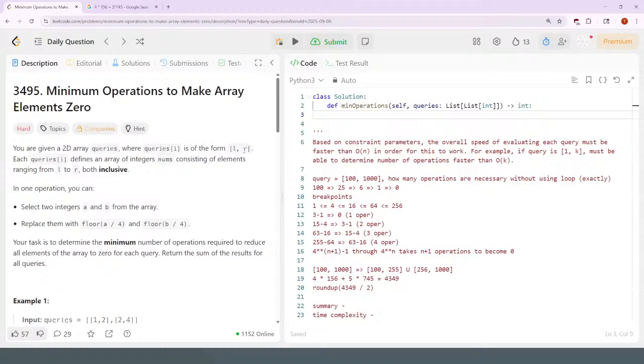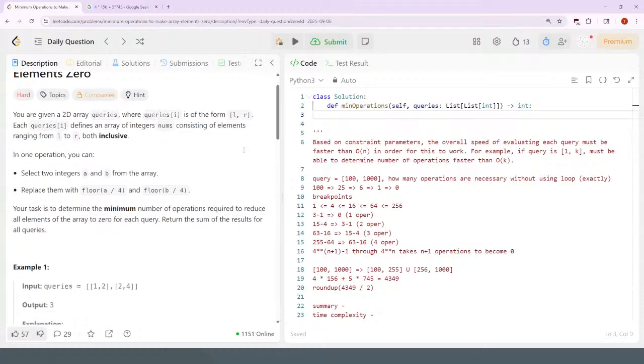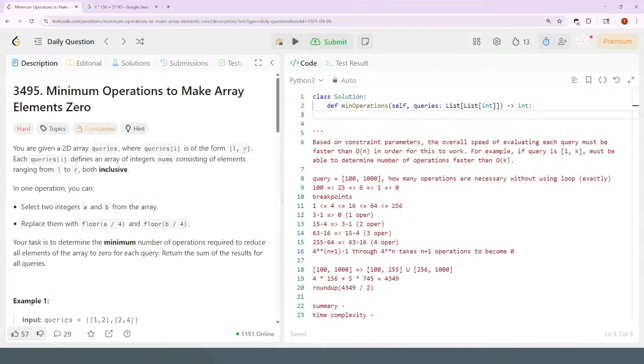Does that make sense? That should be pretty constant.